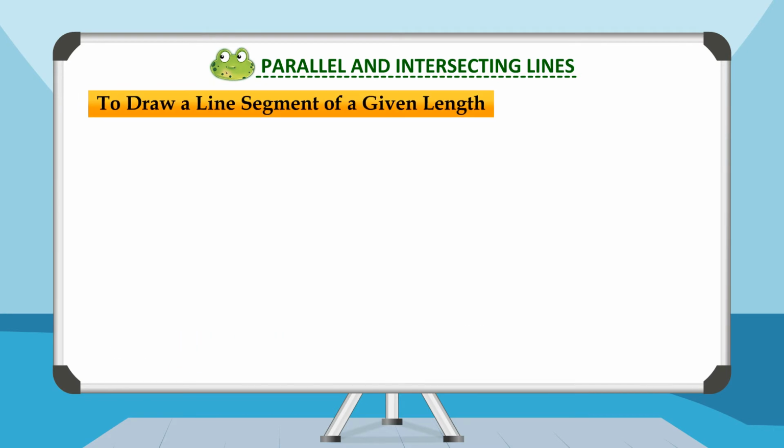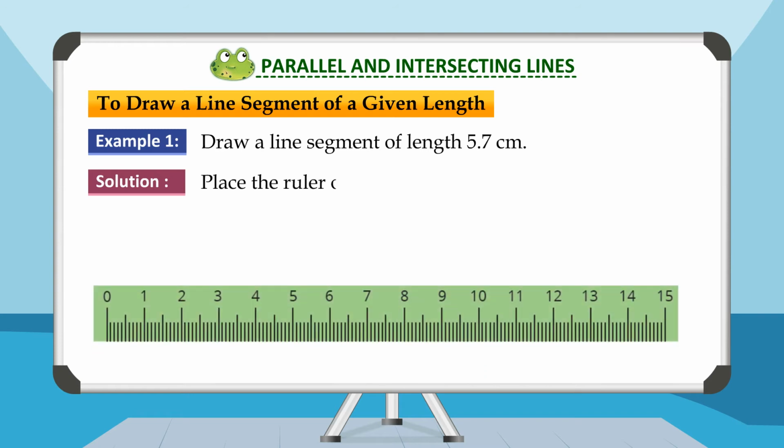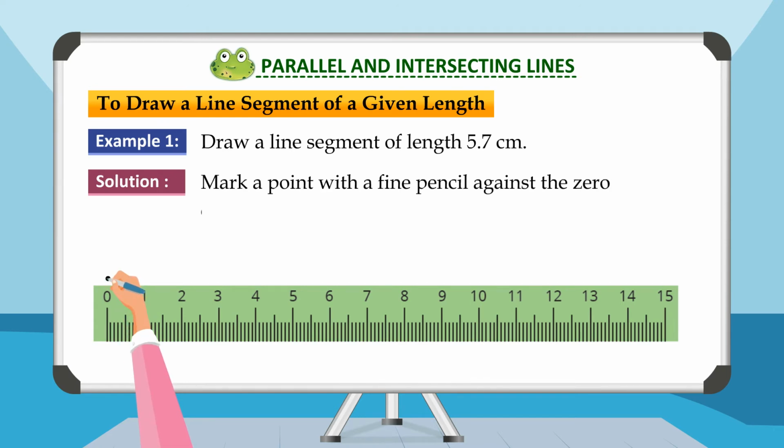To draw a line segment of a given length. Example 1. Draw a line segment of length 5.7 centimeters. Solution. Place the ruler on the plain paper and hold it firmly. Mark a point with a fine pencil against the 0 centimeter mark of the ruler.